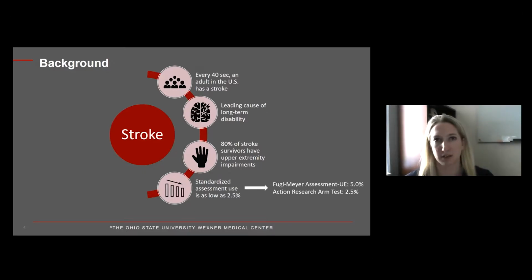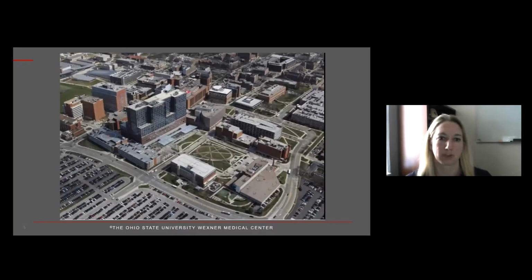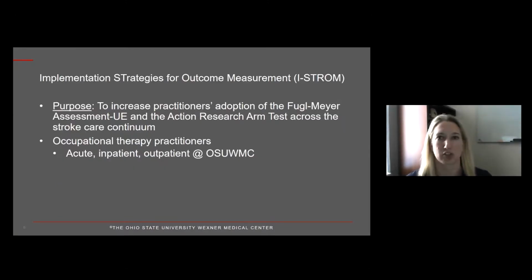And these statistics here also translate to the practice patterns that we see at Ohio State University's Wexner Medical Center, which is depicted here in the picture on this slide. And so we focus our efforts in this project that we call Implementation Strategies for Outcome Measurement, or ISTROM.